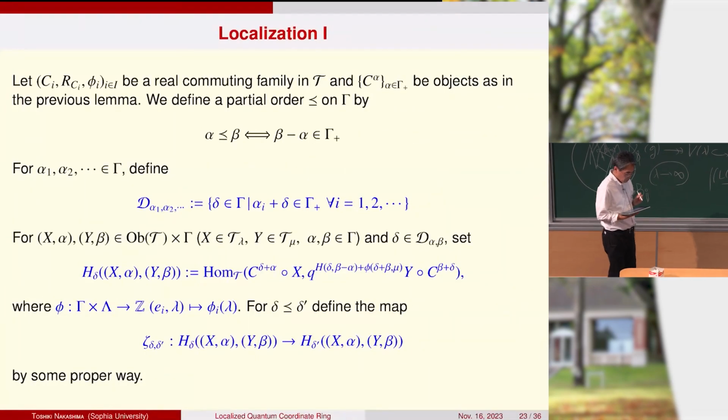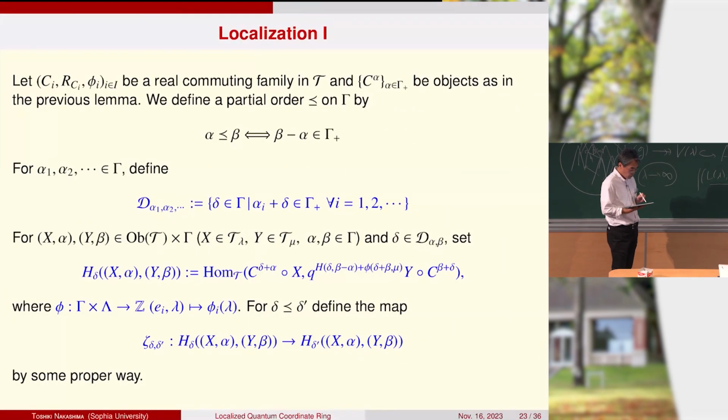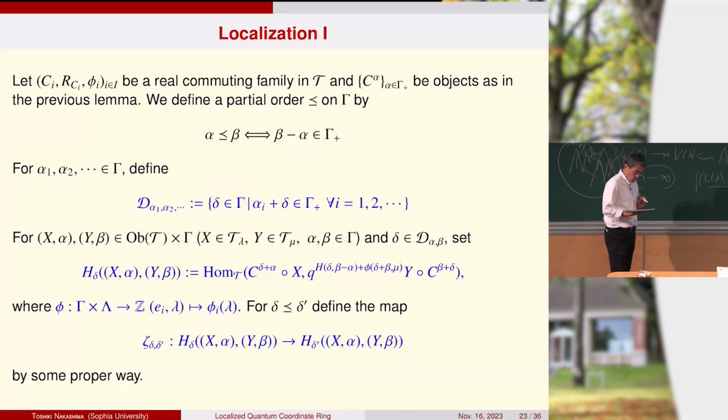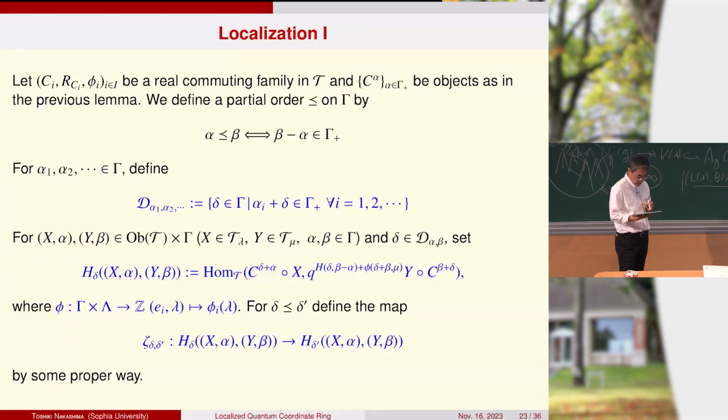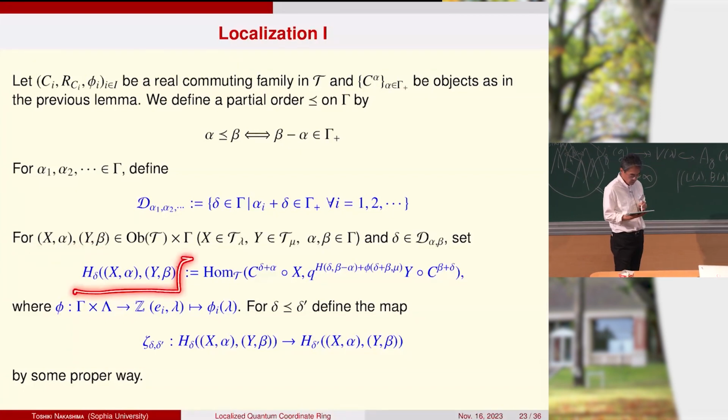Then now we enter the consideration of localization. So here is the real commuting family. Then we consider the partial order on Gamma like this, so that their difference is in Gamma plus. Okay, so for alpha_1, alpha_2 in Gamma, we define D(alpha_1, alpha_2), and so on, as a subset of this one. Then for a pair X_alpha and Y_beta, we consider such a set of morphisms like this.